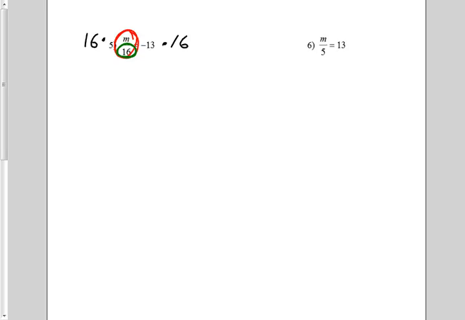And when I do that, over here, these two 16s will cancel out, because what's really happening here, on this whole side, you're really getting 16m over 16. And we've already discussed that that's going to cancel out. 16 over 16 is 1. On the other side, negative 13 times 16 is negative 208.